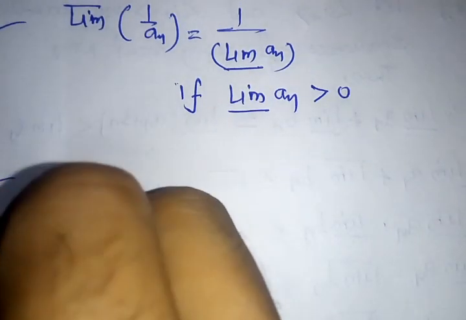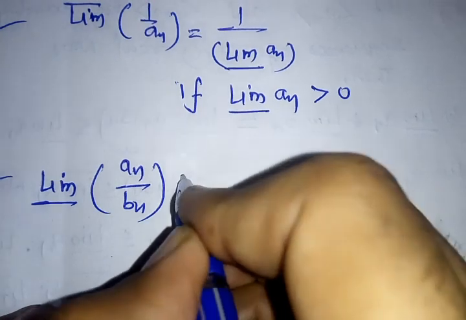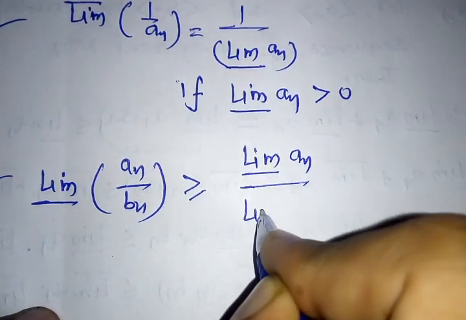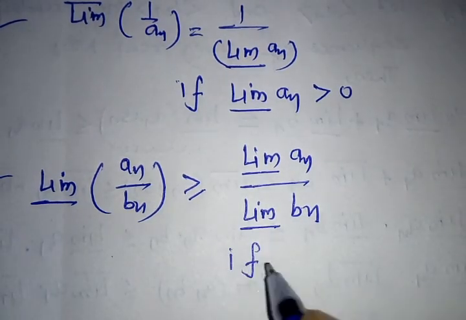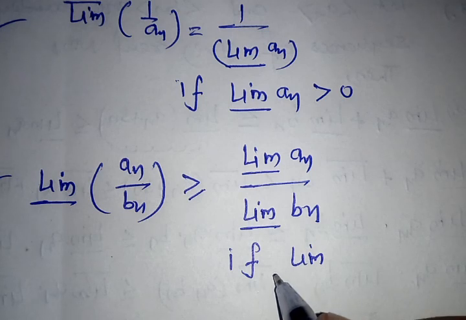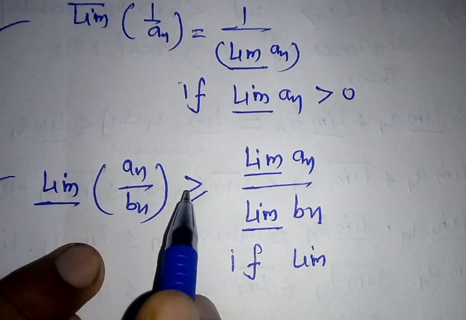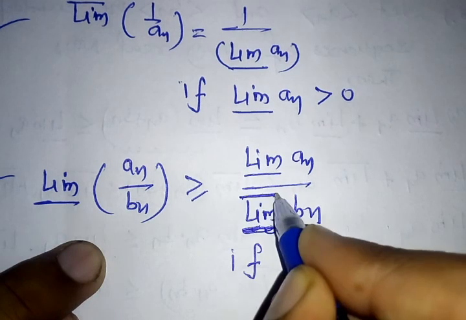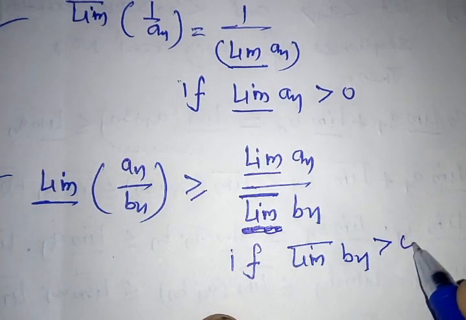Next property, limit inferior of an upon bn is greater than or equal to limit inferior of an upon limit superior of bn. So friends, here is limit superior of bn, and the condition is limit superior of bn is greater than 0.